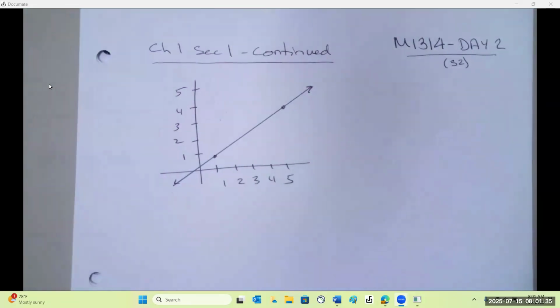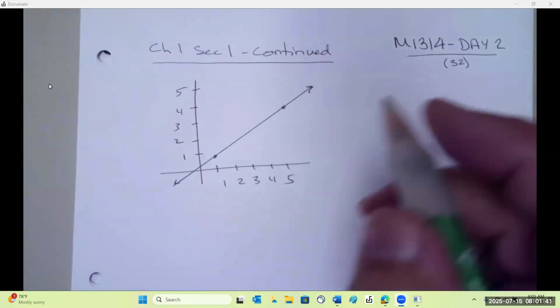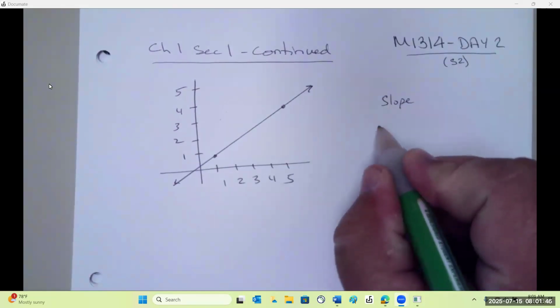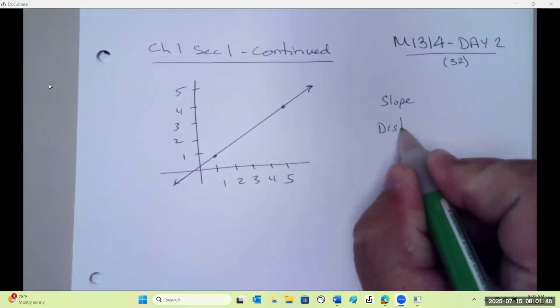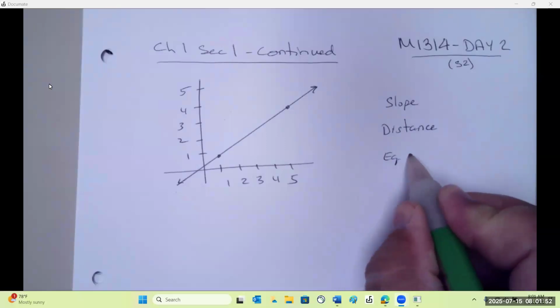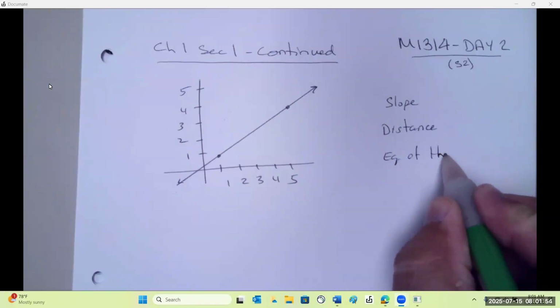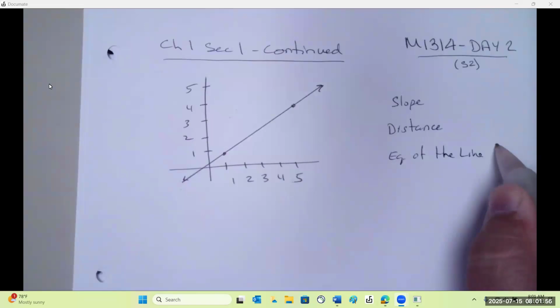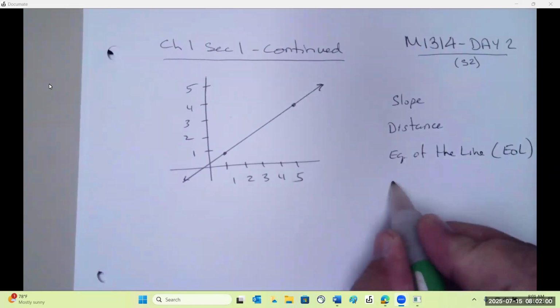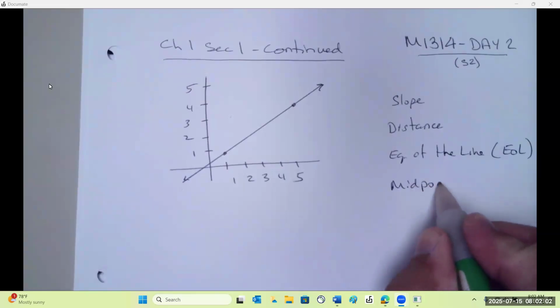And I asked you all, what can we do if we have 2 points? What can we find with that information? Slope, distance, equation of the line, which I'm simply going to call EOL from now on, and midpoint.